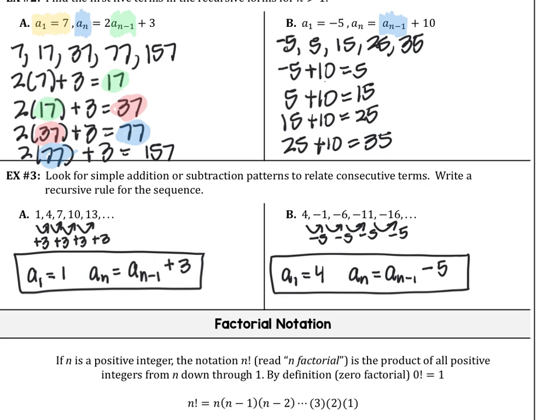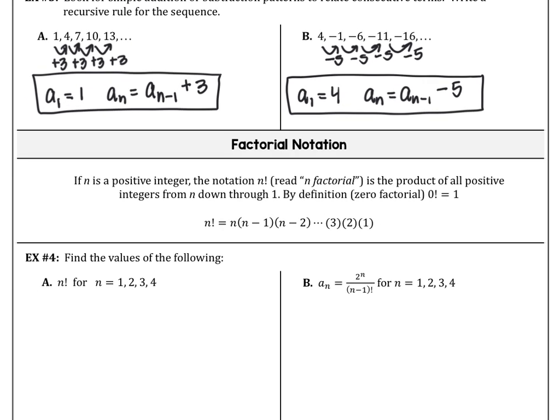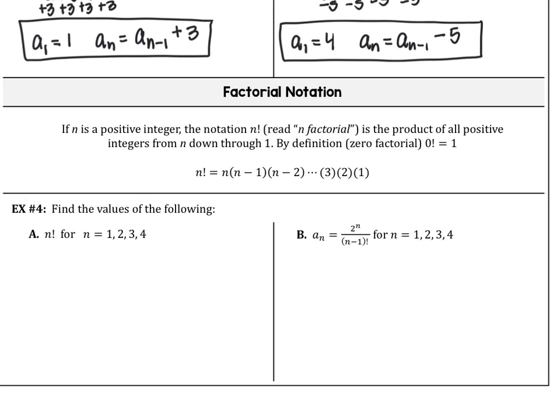Now the next little part is factorial notation. You may or may not have seen this before, but it's the exclamation point, okay? And it means factorial. It means multiply every integer from that one down to 1. So like if we want to do n factorial for n of 1, 2, 3, 4.